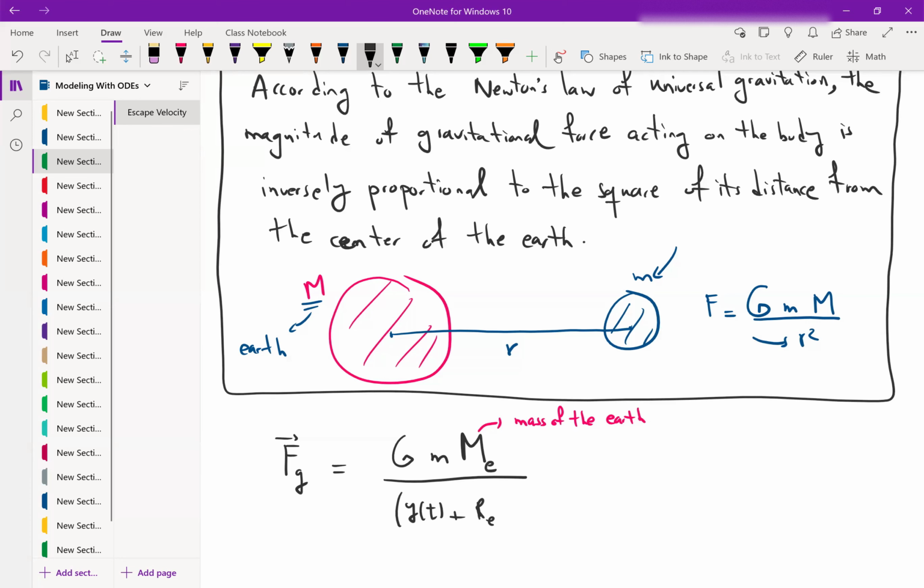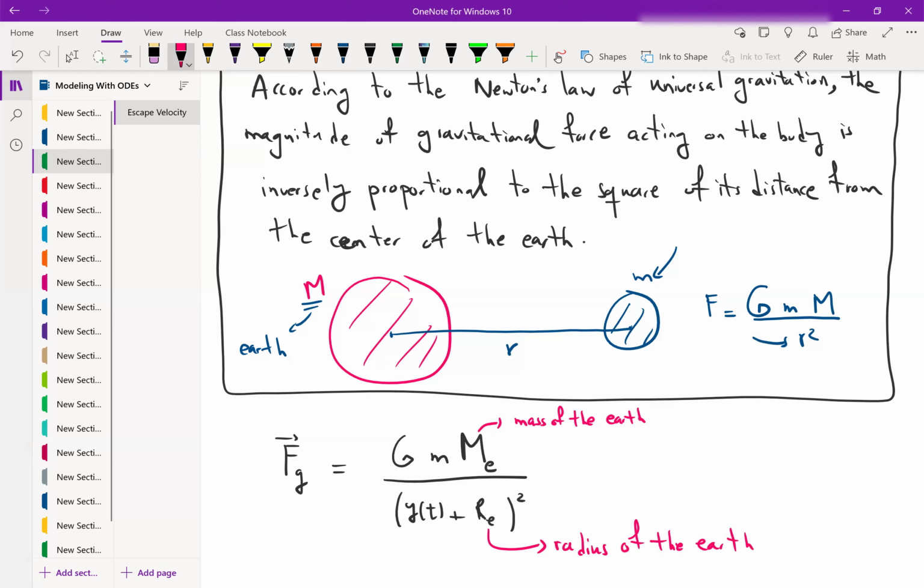Let me actually call it R_E, so that it represents the radius of the Earth. Y plus R_E squared, so this is the radius of the Earth. I will tell you its approximate values later. These are known numbers, M_E, R_E.